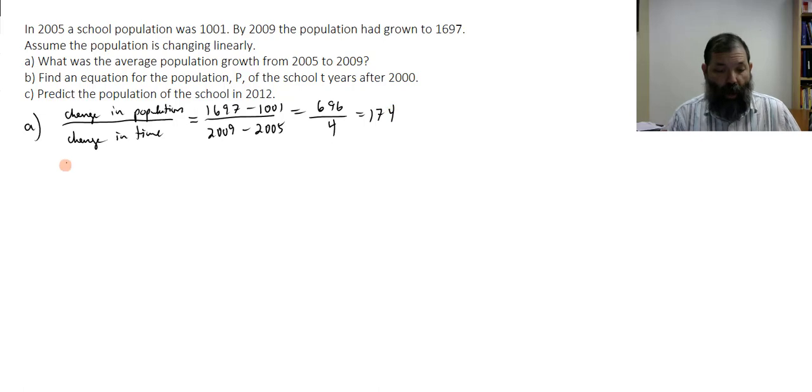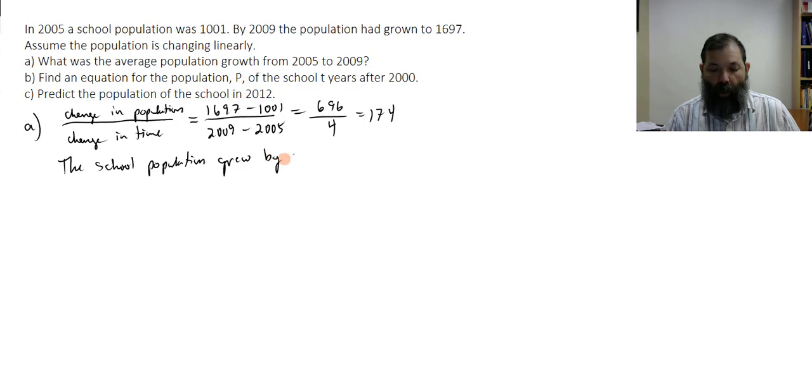So the school population grew by 174 students per year from 2005 to 2009.